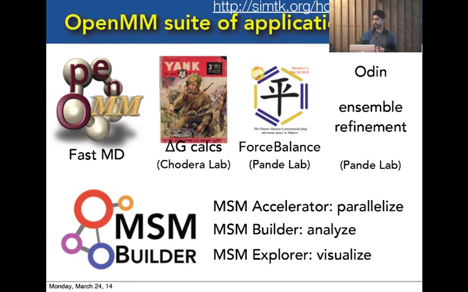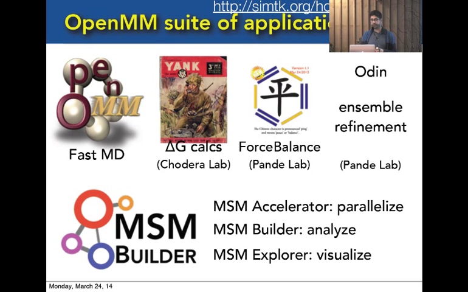In the evolution of OpenMM, one of the newest things we've been pushing is for OpenMM to be not just a single code and not really just a library, but a suite of applications. The suite now includes the OpenMM application itself, but also contributions from other labs, such as Yank, a software for free energy calculations from John Chodera's lab, and ForceBalance from my lab.